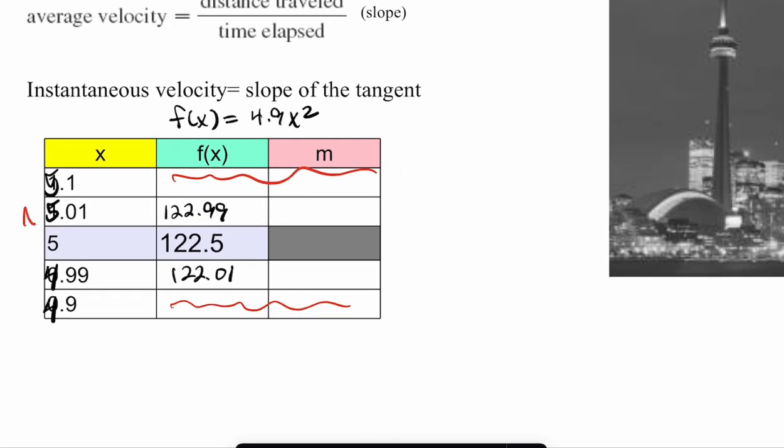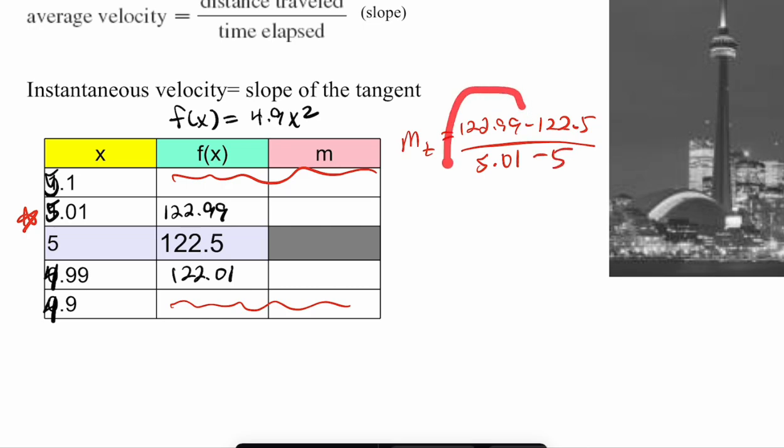So let's do this one. So the slope for our first tangent is going to be 122.99 minus 122.5 over 5.01 minus 5. So this is the point that's close to what we want. This is the point we are looking at, okay?